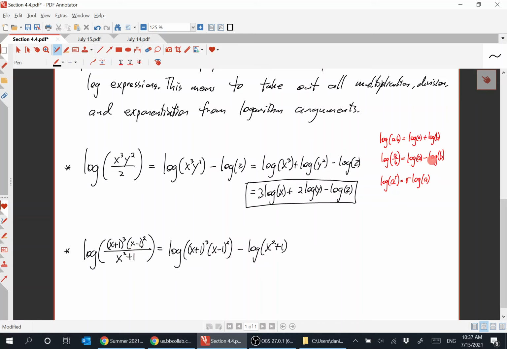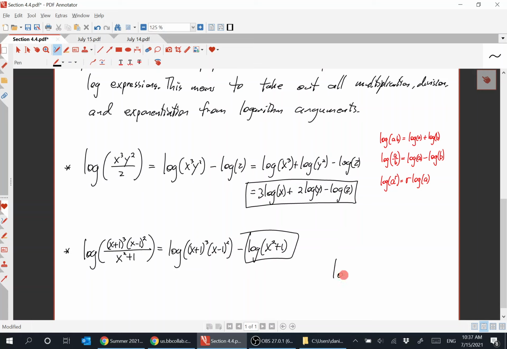I can't do anything else with this. Nothing else. Right, that one's as simplified as it's going to get. As expanded as I get.